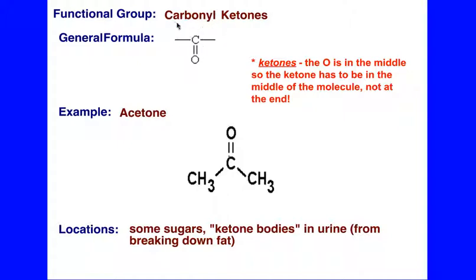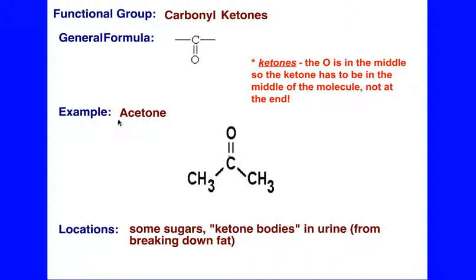All right, the next functional group is called a carbonyl ketone, and we use the formula C, carbon, with a double bonded oxygen. There is something that you need to make a note of, and that is that ketones are always going to have to be in the middle of the molecule. It's never going to be at the end. When we practice some examples, you'll understand a little bit better about why we can't have a ketone at the end of a molecule.